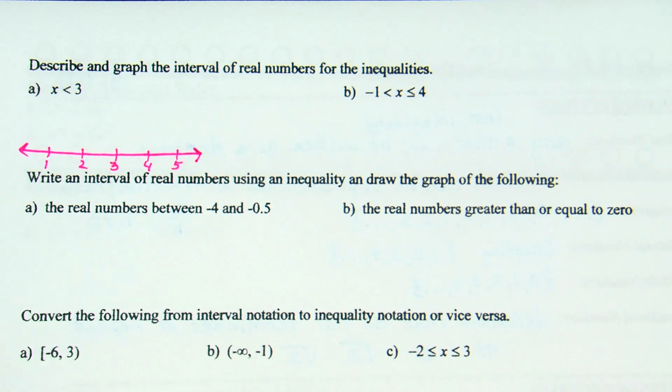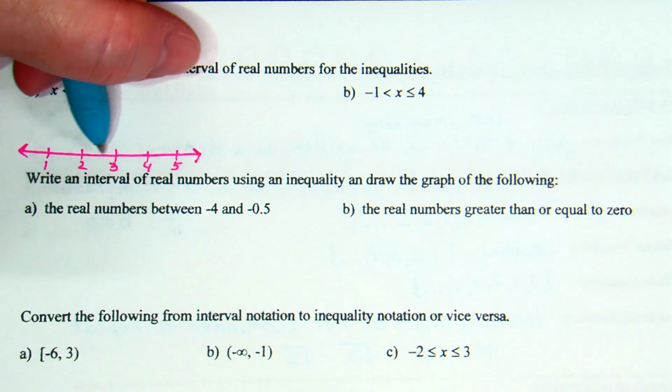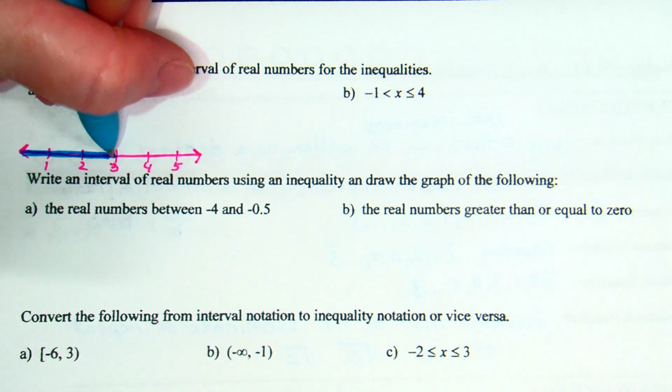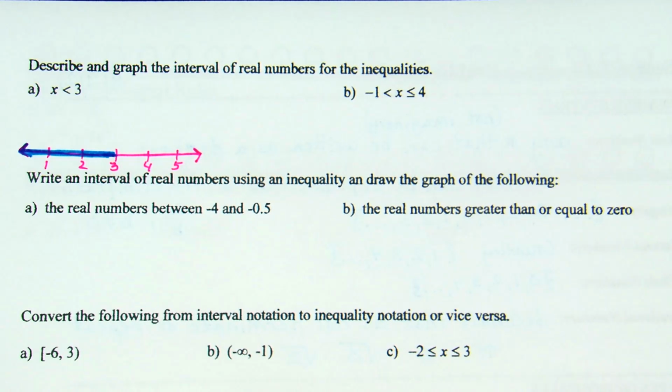Because it's x less than 3, we shade to the left of 3. And what do we traditionally put at 3? Just a dot. Which kind of dot? Back in algebra, we put an open dot because it's not equal to 3.